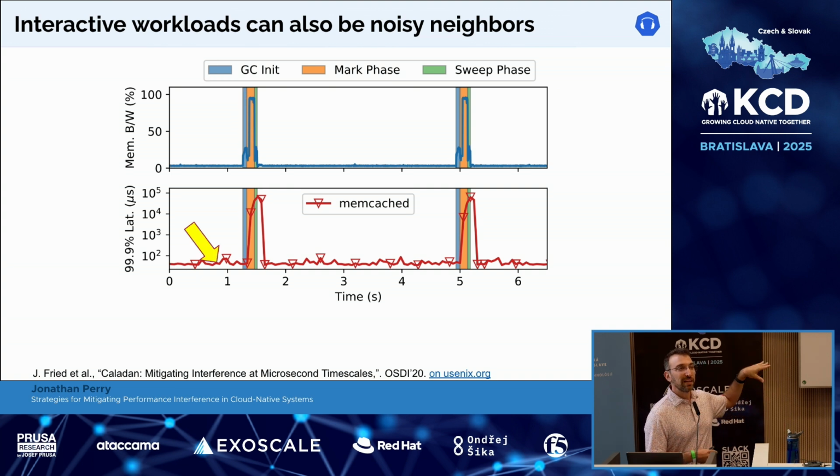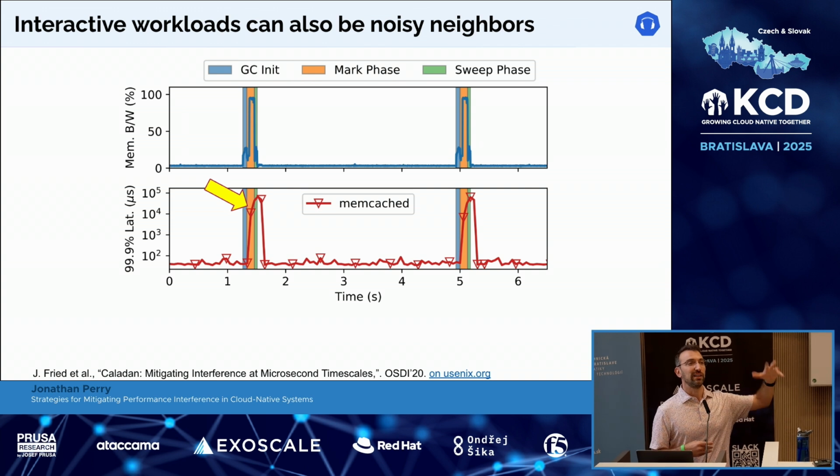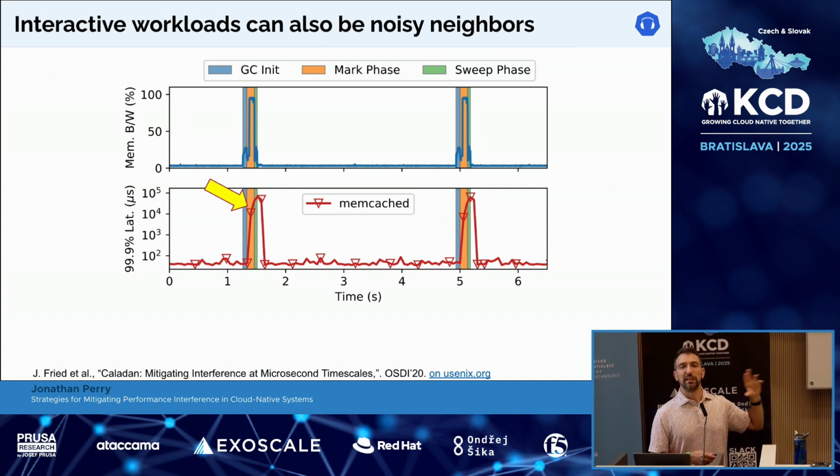If you look at the memcache latency on the bottom graph, it is very stable throughout the experiment at under 50 microseconds, 99.9th percentile latency. But then during the mark phase, it increases substantially, 3 orders of magnitude, right? That's a 1,000 times increase in latency because of that interference from the garbage collected workload.